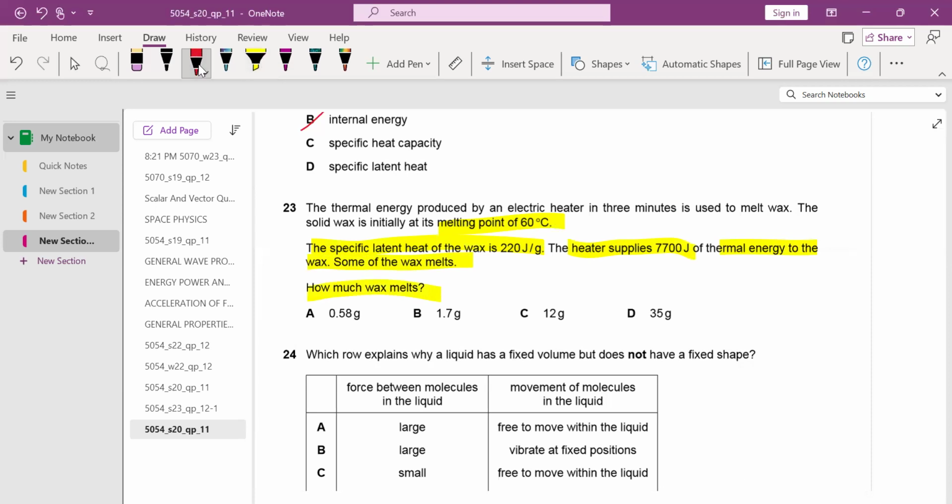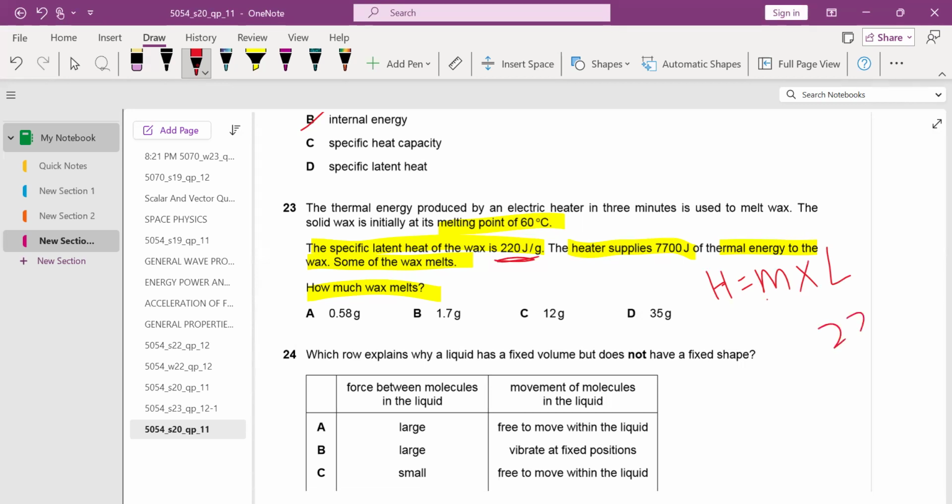To do this question, when there is a state change and you need to find the mass, you will use the formula heat equals mass into L. This M is mass and this L is the specific latent heat.